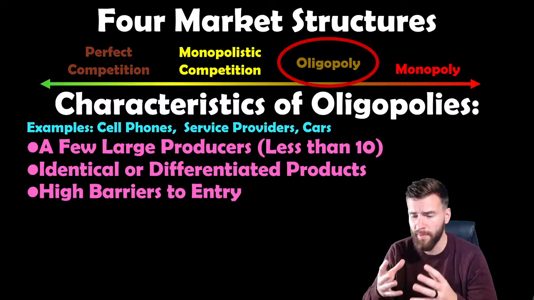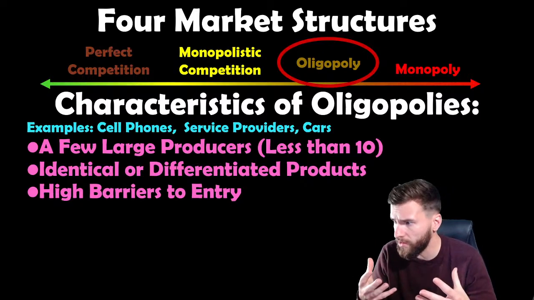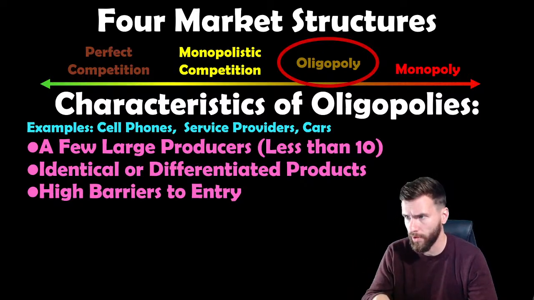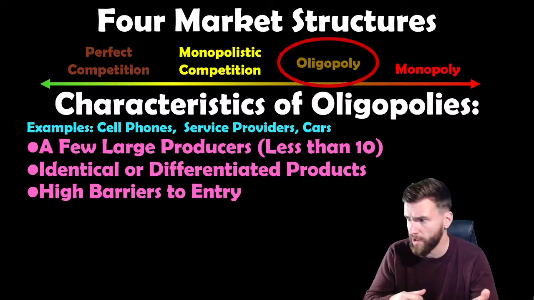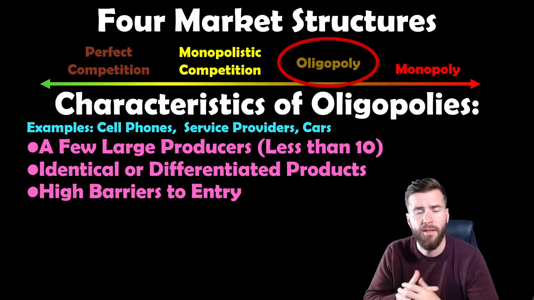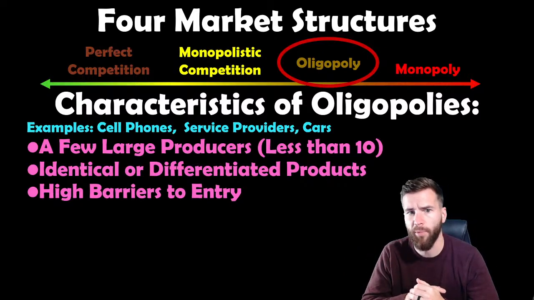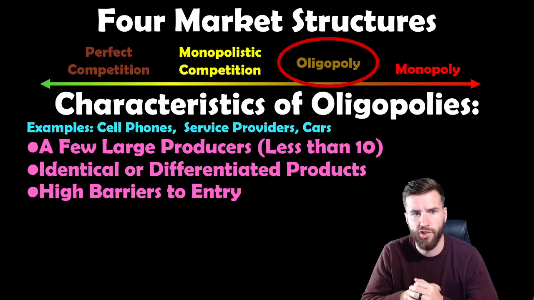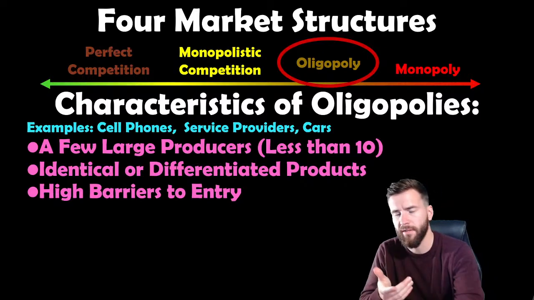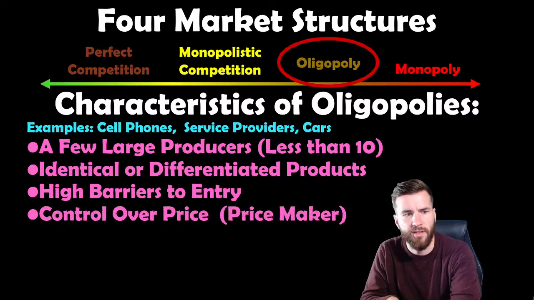It takes enormous startup total costs to be able to produce at a low average total cost. So, producing cars and producing planes and things like that. Cell phone service, right? You need huge towers everywhere. Generally, that's how oligopolies exist, is there's not a lot of firms that can even compete because it requires so much cost to even compete. So that's how oligopolies generally exist.